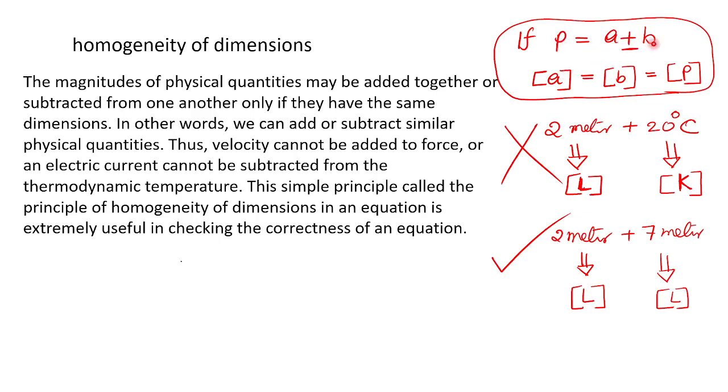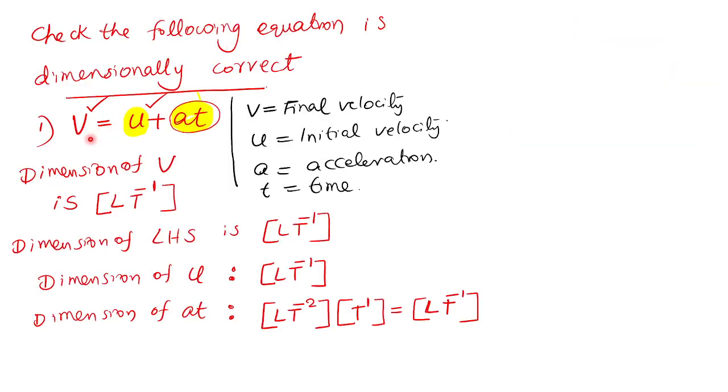P equal to A plus B or A minus B. See that each term has the same dimension. Dimension of P same as dimension of A, same as dimension of B. This is homogeneity. If there is plus or minus involved in any formula, the dimensions of each term must be identical.